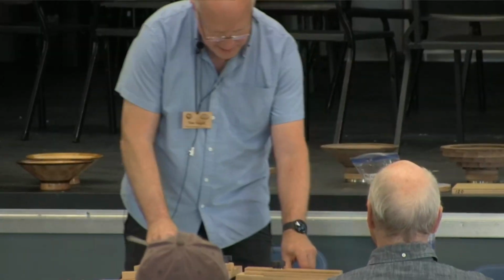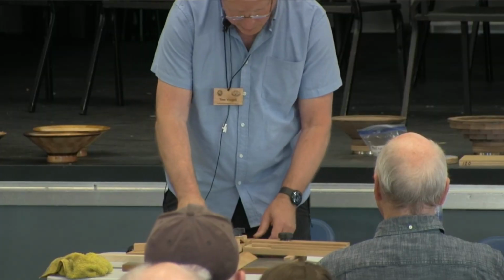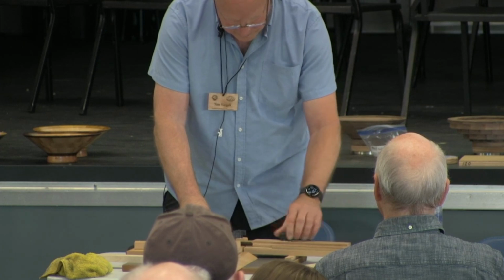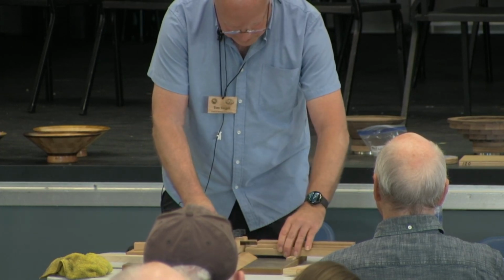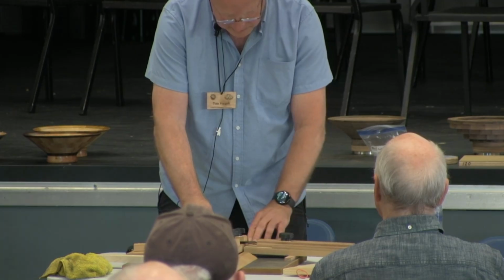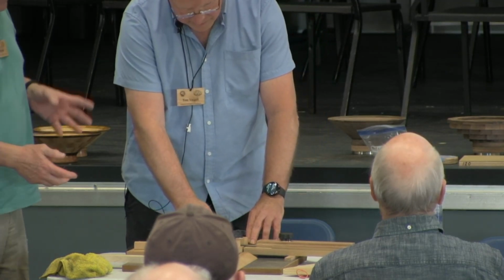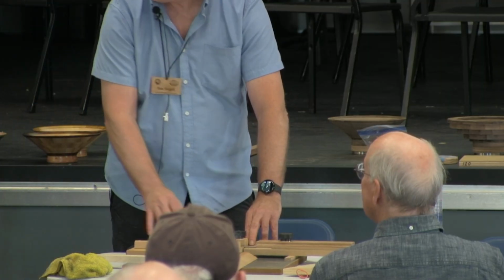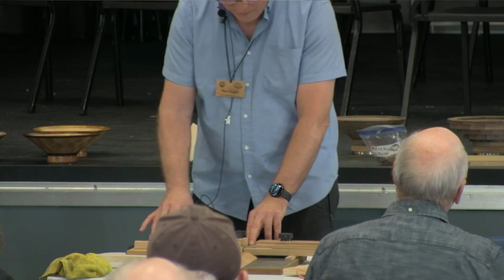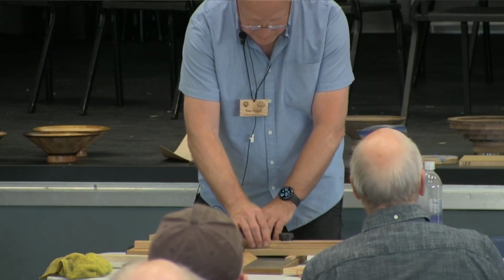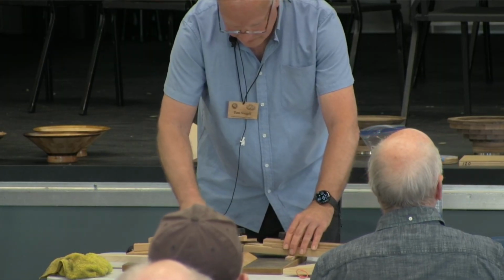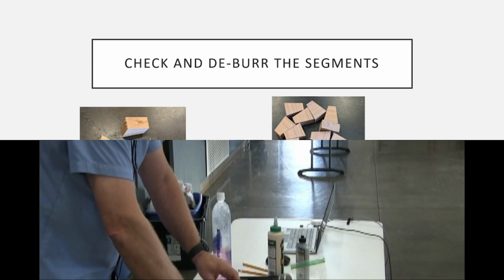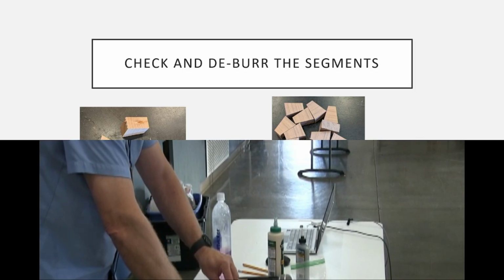When it's locked into the miter track, if I want 2 inches, I'm going to measure over 2 inches, and then I'm going to lock down my stop block. That will give me 2 inches on all of those cuts.